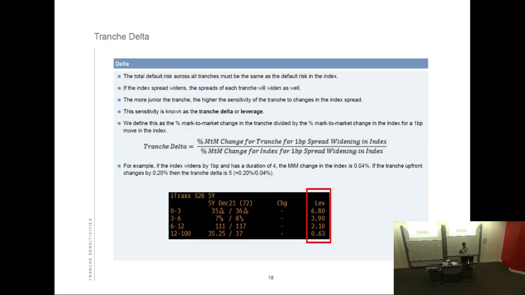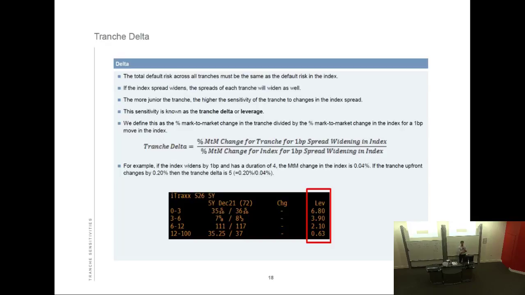And because it's the riskiest tranche, it also has the greatest sensitivity to spread moves. And that progressively decreases the further out you go in the seniority spectrum. So equity riskiest, junior mezz second riskiest, etc., down to super senior.